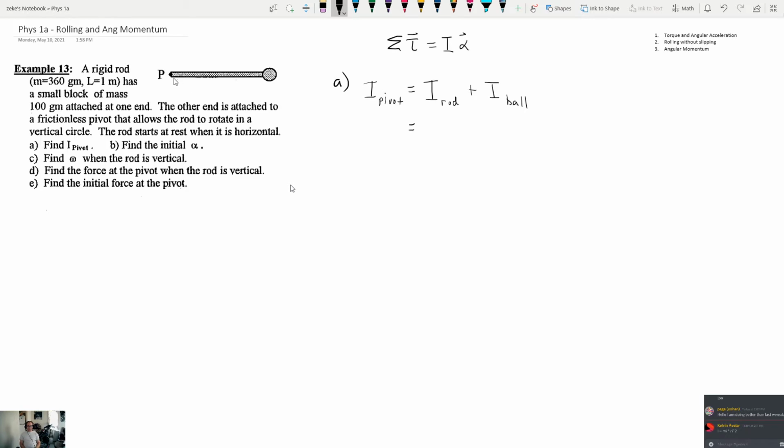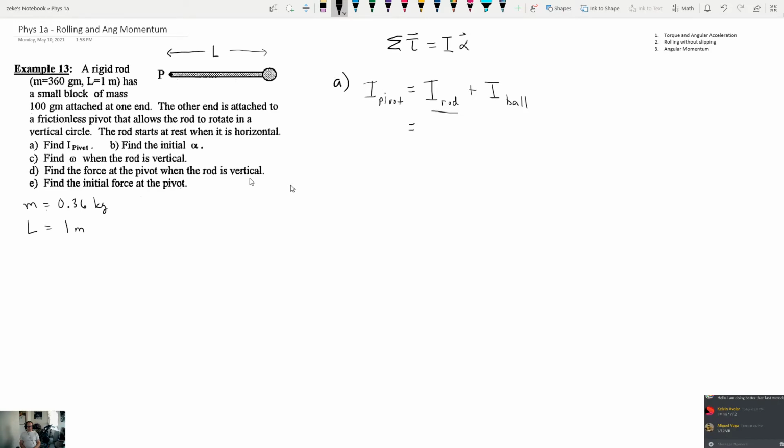What should I use for the moment of inertia of this long rod right here? Yeah, what can I use for this piece right here? The moment of inertia for the rod.